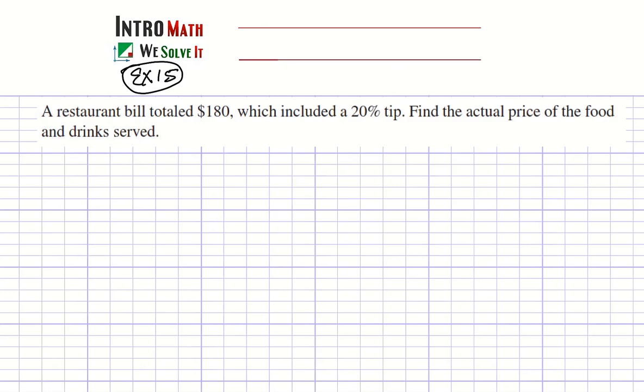Okay. So they say 180 they collected included 20% tip. It said find the actual price without the tip. So basically, in a nutshell, 20% of 180, you find that, and then you subtract that from 180.